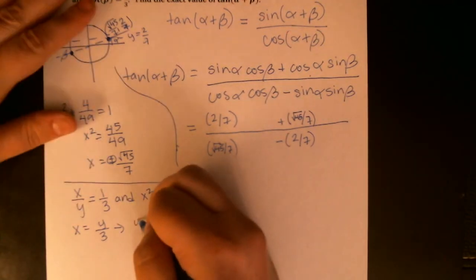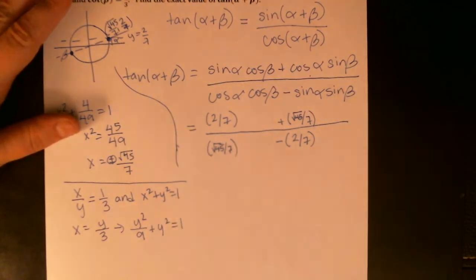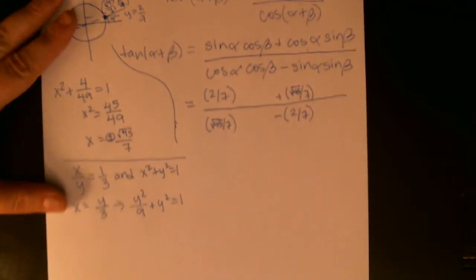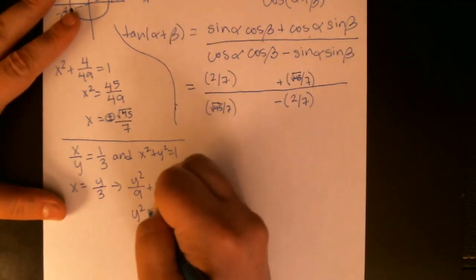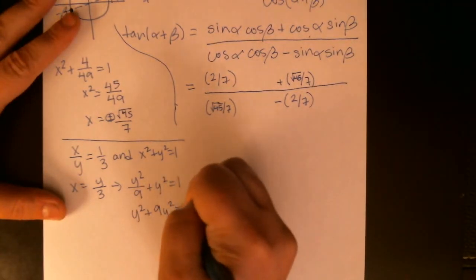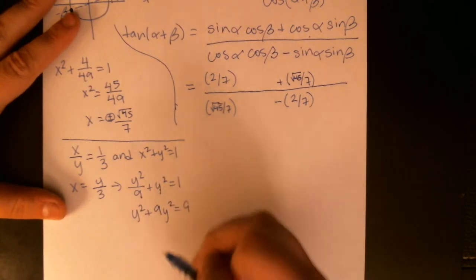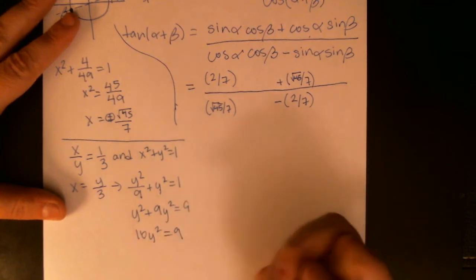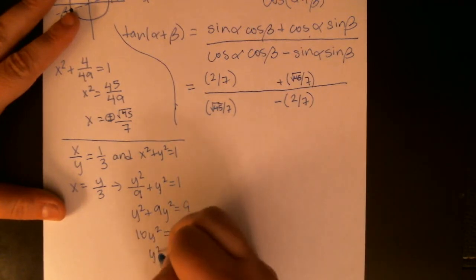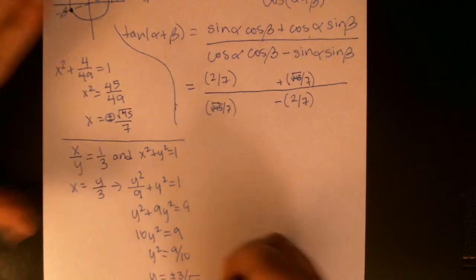So if we square that, we get a y squared over 9 plus a y squared equals 1. And personally, I think I'd clear the fraction. So if you multiply both sides by 9, the 9 under here cancels out. We get a 9y squared and a 9. So 10y squared equals 9, which means that y squared is 9/10, which means that y is plus or minus 3 over root 10.